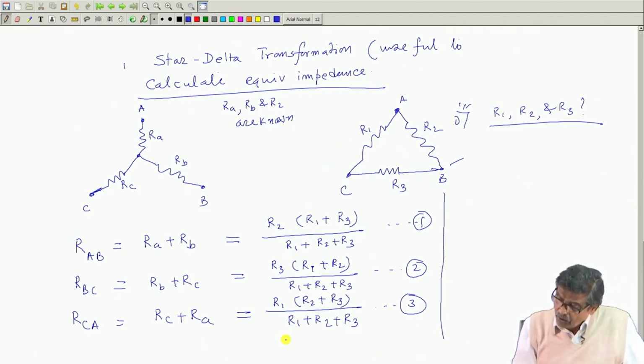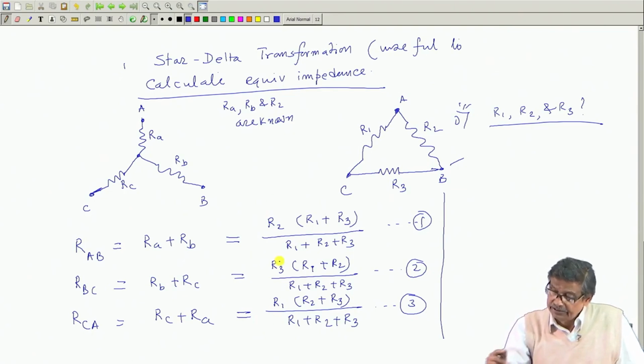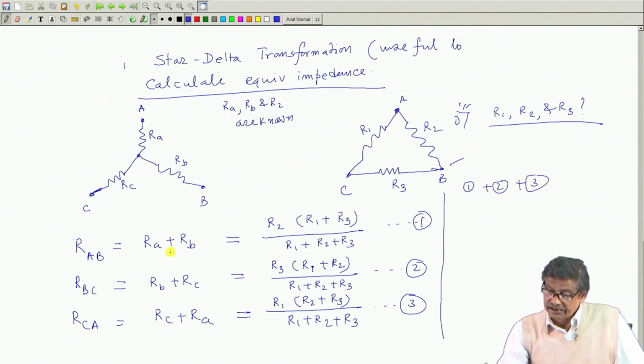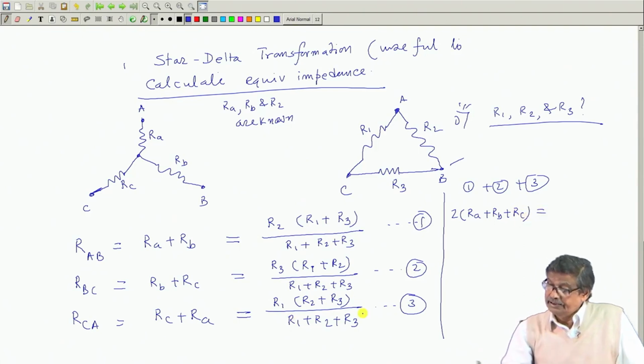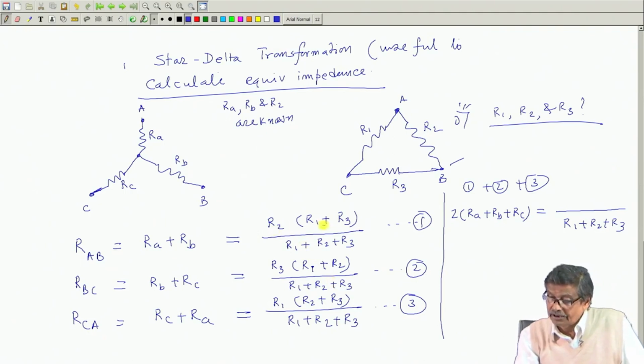Suppose you add all these three equations, that is 1 plus 2 plus 3. If you do, on the left hand side you will get 2 into (RA plus RB plus RC), and on the right hand side the denominator is the same, R1 plus R2 plus R3, and on the top you see R1R2 appears 2 times.